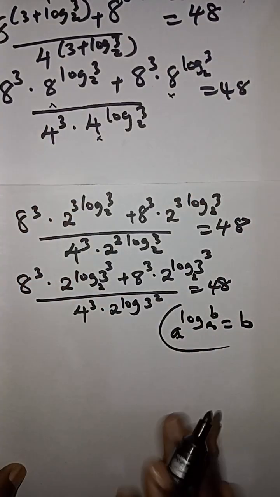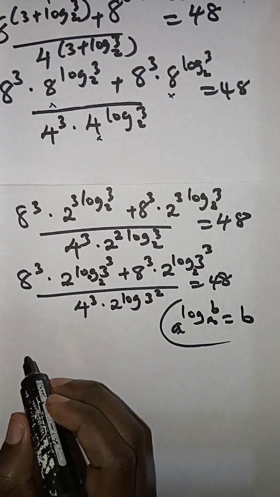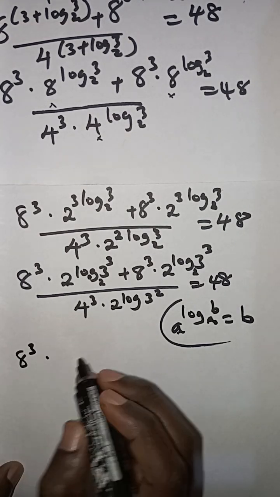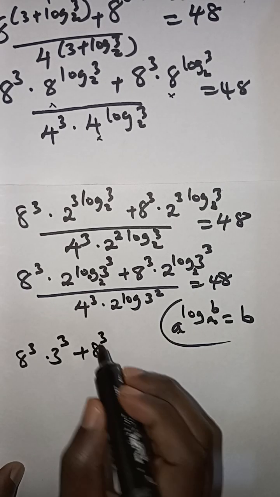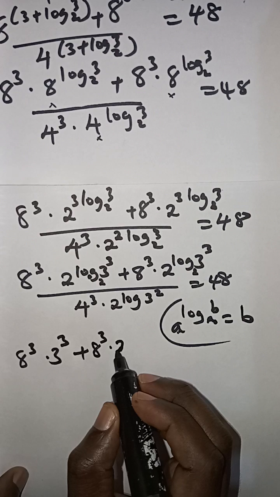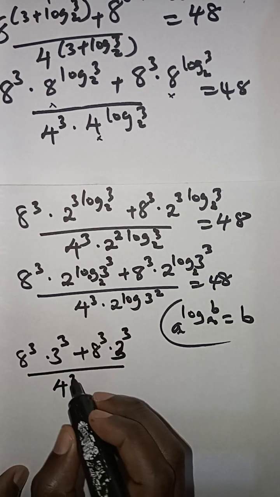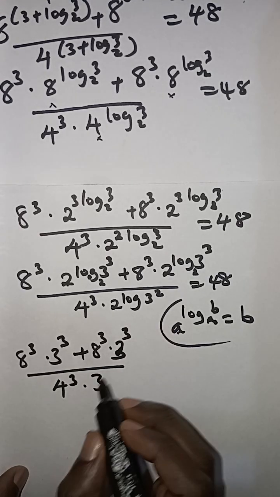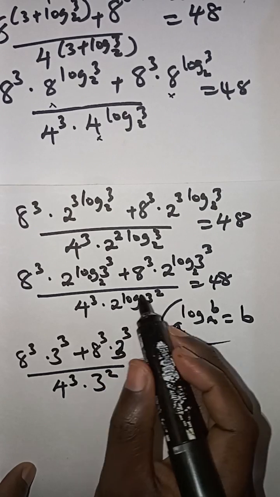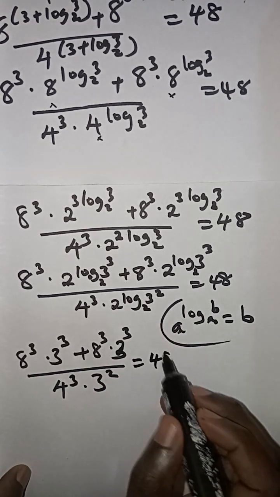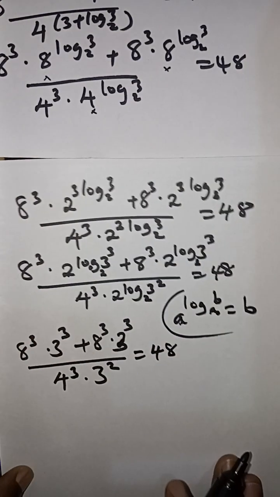So applying that here, this and this are going to cancel, so that I end up with 8 power 3 multiplied by 3 power 3, plus 8 power 3 multiplied by 3 power 3, divided by 4 power 3 multiplied by 3 power 2. Also this is going to cancel, equal to 48.